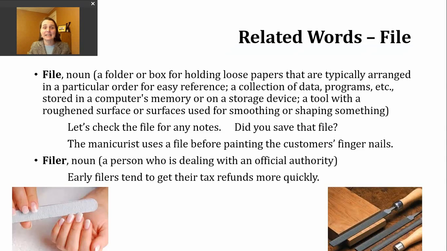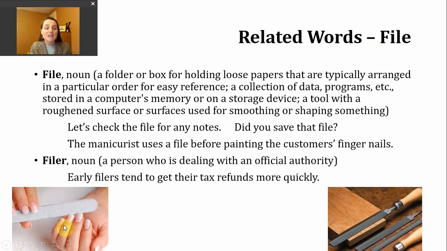The last meaning for the noun file is a tool with a roughened surface or surfaces that are used for smoothing or shaping something. Now, again, this connects back to that fourth definition we said where we make something smooth by rubbing it. And I thought maybe it could be helpful to have a couple of pictures.